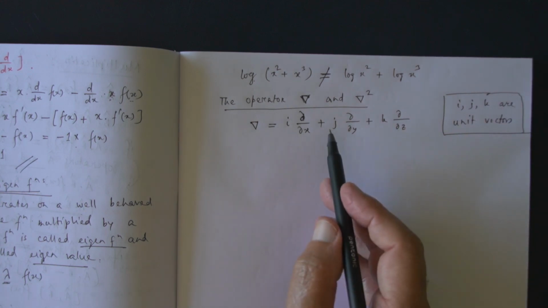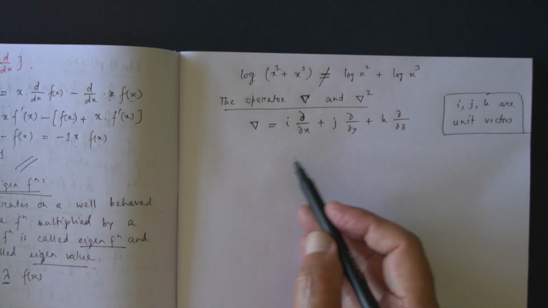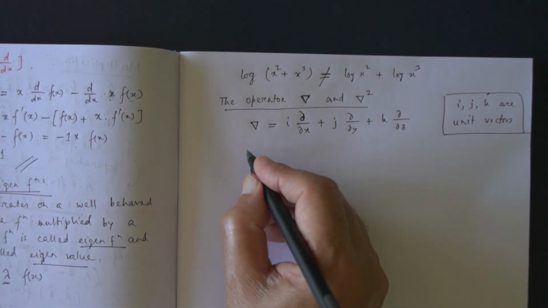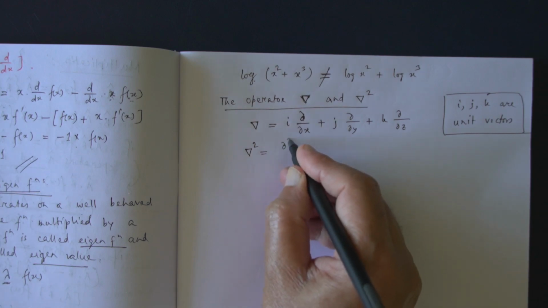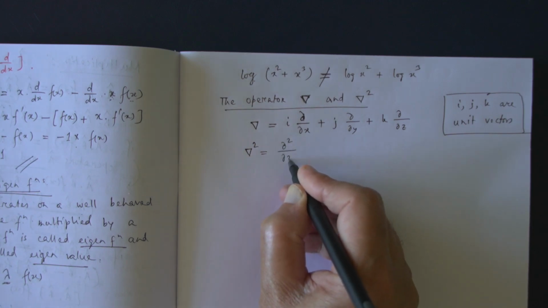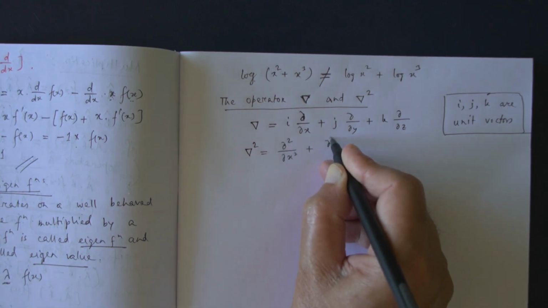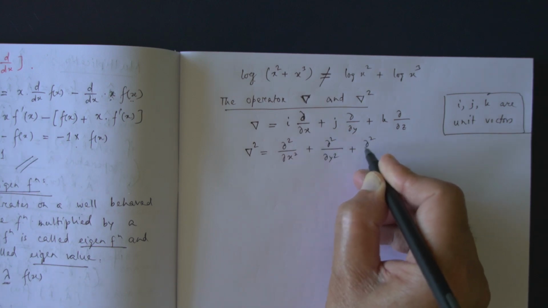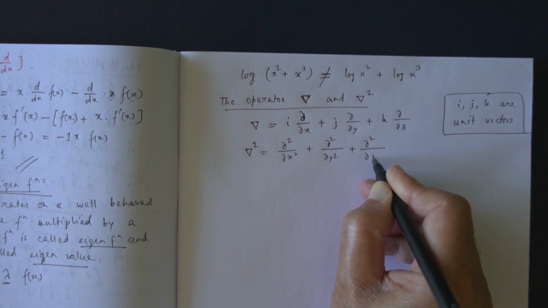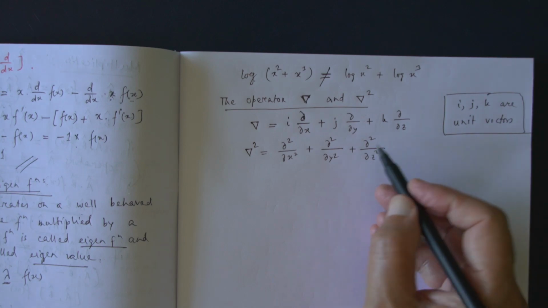So this is the del operator, and using vectors we can prove that del square equals ∂²/∂x² plus ∂²/∂y² plus ∂²/∂z². We can prove this.